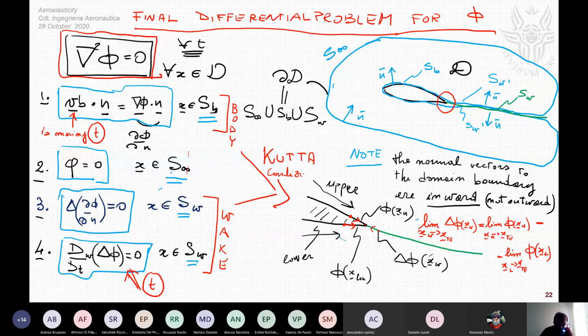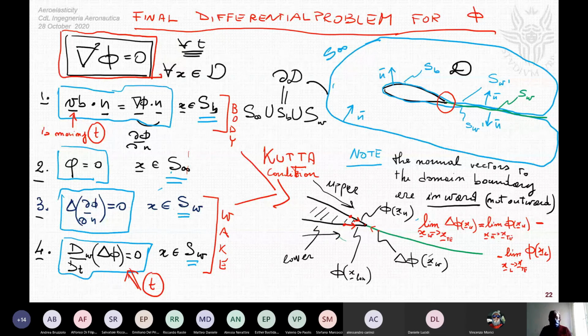With Kutta condition, we are currently establishing a relationship between the body boundary condition, the body surface solution, and the wake solution, in order not to have a discontinuity or singularity in the trailing edge point, which is currently a very special point. Okay?